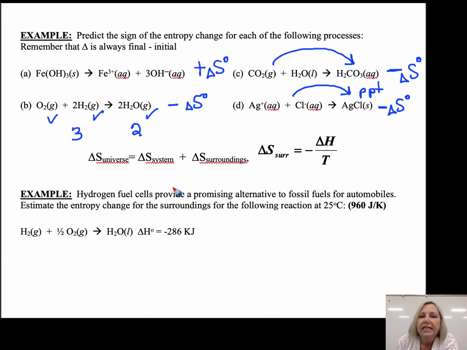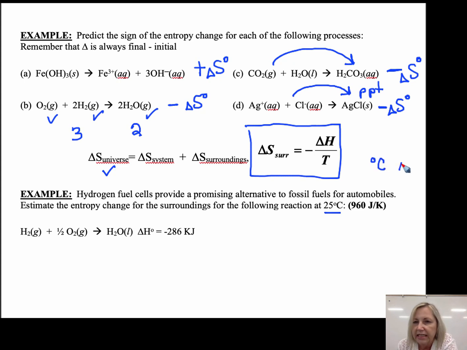Okay? Now, just one more thing that I want to mention right now, and that is how you calculate. The change in entropy of the universe is the system plus surroundings, and we can get a measure of the surroundings by taking the enthalpy over the temperature. Okay, so if we had this one, we're at 25 degrees Celsius. Be careful. The only time you can use degrees Celsius is with a delta T. If you have a T, you need Kelvin.